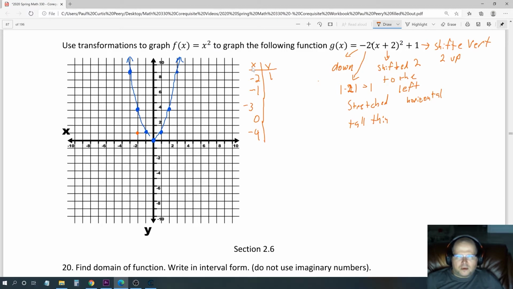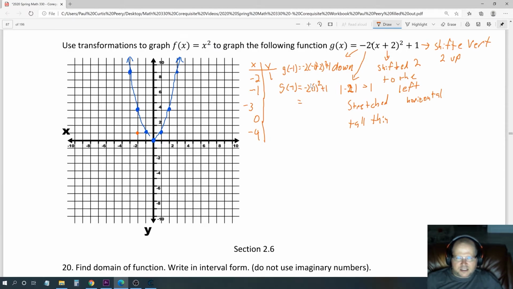So what do I do? There are several ways of doing this. One is the brute force approach, where you just plug it in. So g of -1 is equal to -2 times (-1 plus 2) squared plus 1. -1 plus 2 gives you +1, squared plus 1.